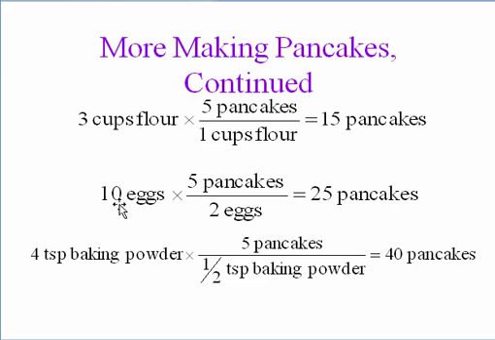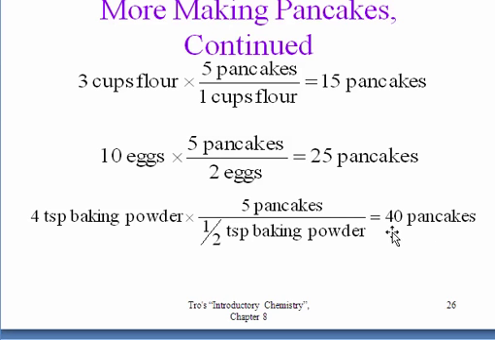If I have 10 eggs, and 2 eggs makes 5 pancakes, then I can make 25 pancakes from 10 eggs. And I have 4 teaspoons of baking powder, and half a teaspoon of baking powder makes 5 pancakes, then I can make 40 pancakes.